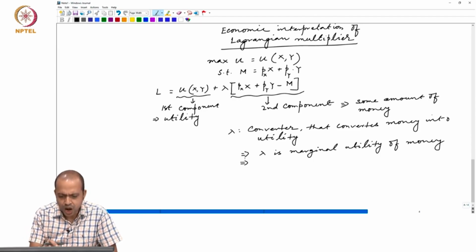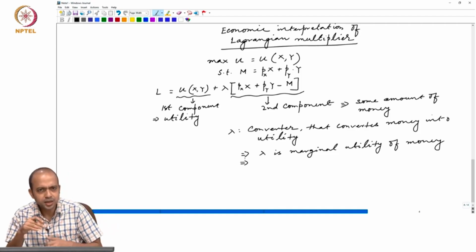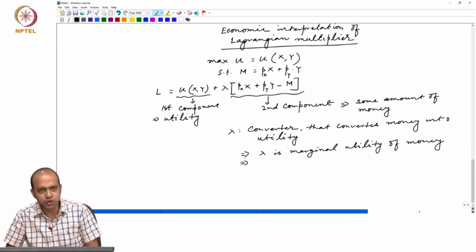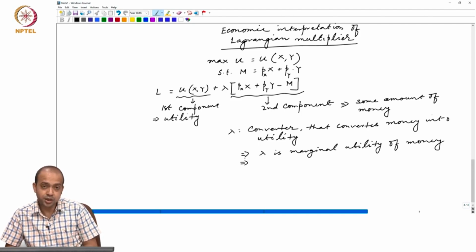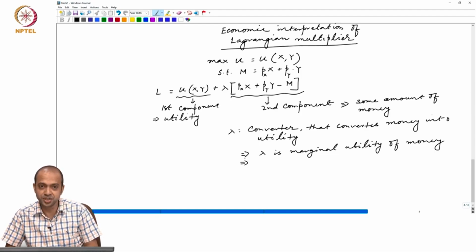That means, are we multiplying lambda with 0? And if that is the case, is there any sense? Am I making any sense by multiplying 0 with lambda? Apparently, it may look like we are multiplying lambda with 0, but actually we are not doing that.